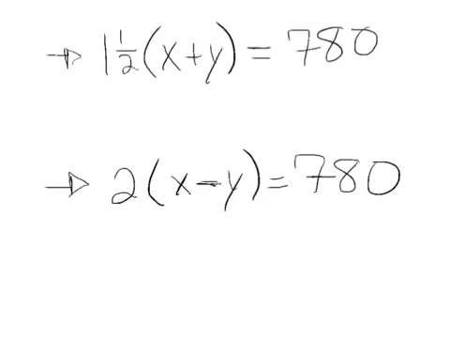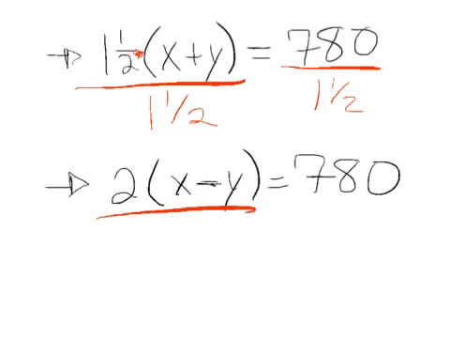Now, when I go to solve this, I can do this in one of two ways. I could distribute the 1.5 and then solve from there. And I could distribute the 2 and again solve from there. But because this is multiplication in here, what I can do is I can divide both sides by 1.5.